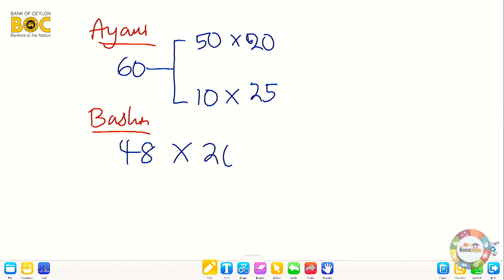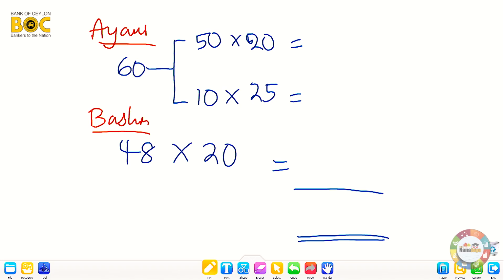Standard rate is 20 rupees, and you can get the total wages. Ayani completed 60 units. The first 50 you pay at 20 rupees normal rate. Extra production of 10 units you pay at the higher rate, 25 rupees per unit.